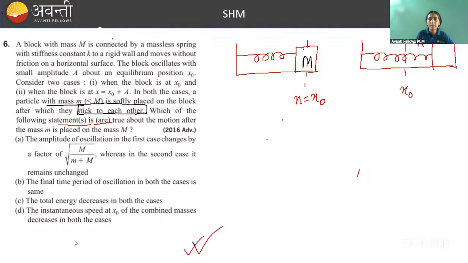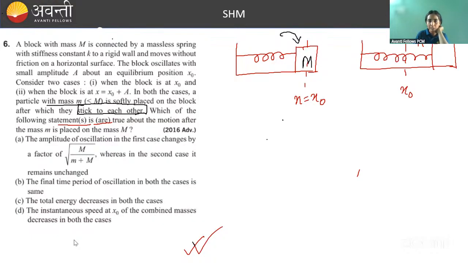So finally, when you are dropping the mass, it will look like there is a spring connected with mass M plus small m. But the difference is in one case, we are dropping the mass when this capital M mass is at x naught, and another time when it is at the extreme position. What differences will occur?